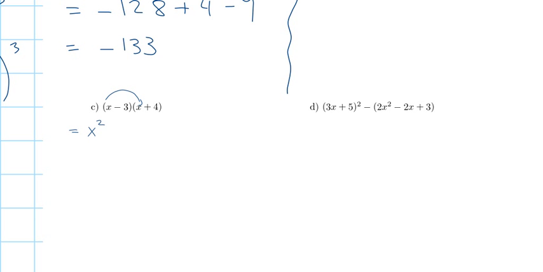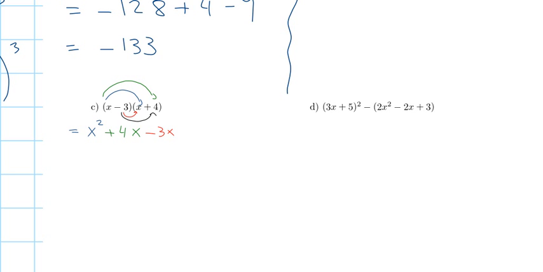Then I have to multiply my outer. So x times 4, that's going to be 4x. I have to multiply the inner. So that's going to be negative 3x. And then multiply the last terms, which is going to give you negative 12.